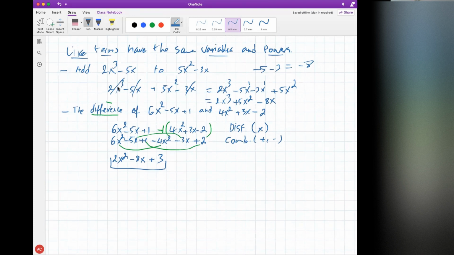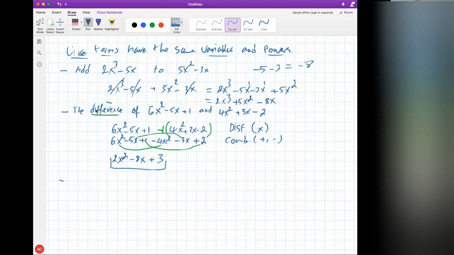What is it? 8 minus 5. 3. Yes, 3. So difference means subtract in the same order. So the difference of 8 and 5 is 8 minus 5, which is 3.